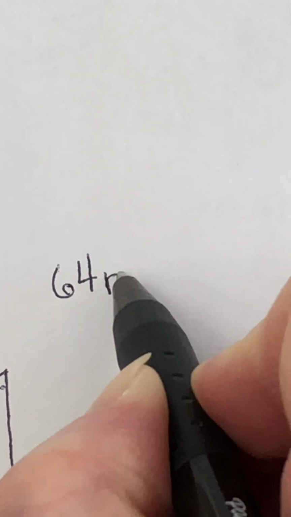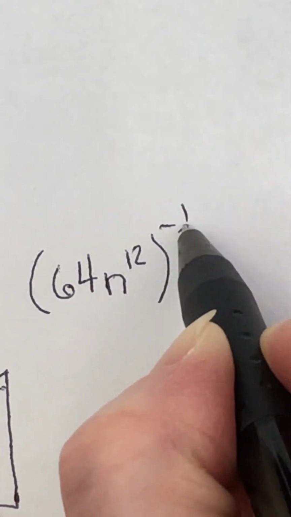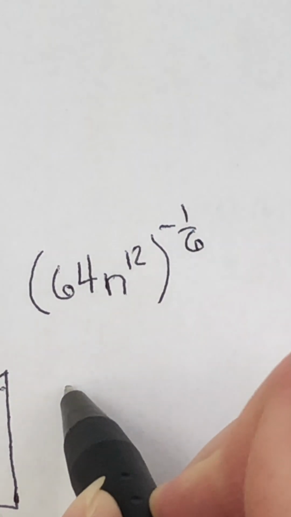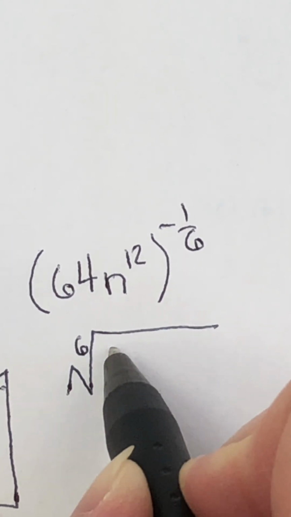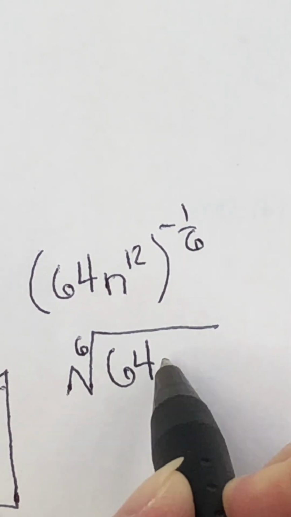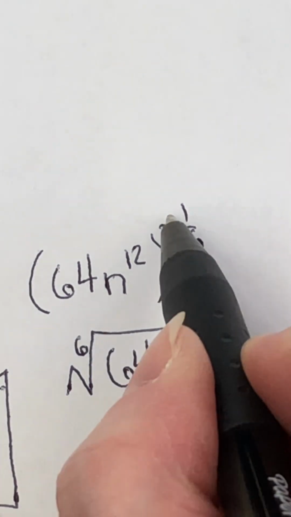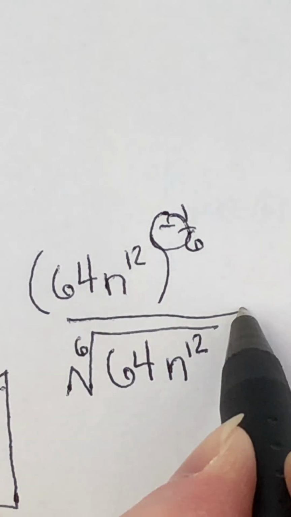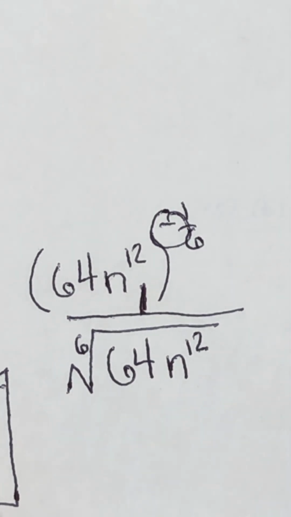We had an n to the 12th, and that was all raised to the negative 1/6 power. So if you write it, it's telling you to do the 6th root of the things inside, right? And remember that this negative means it's a fraction, so we put it in the bottom when we're done.